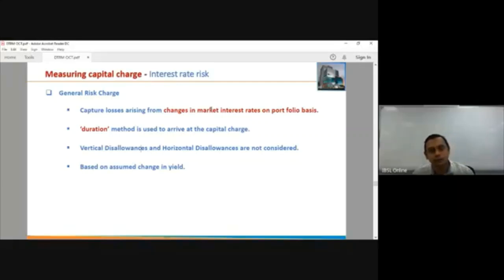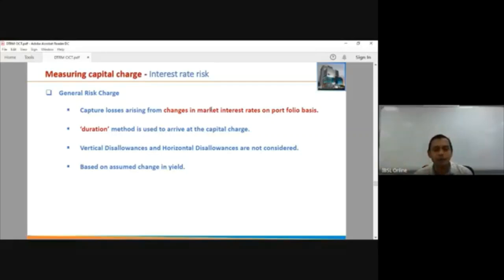The Basel Committee says that if an instrument matures within 1 year, anything below 12 months, the assumed change is 2%. If the instrument matures between 1 year and 2 years, this is the change.